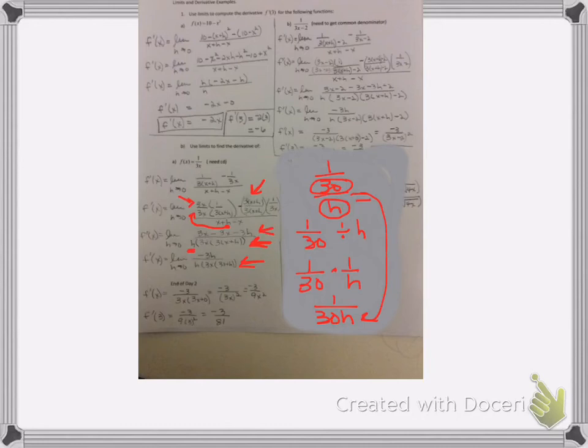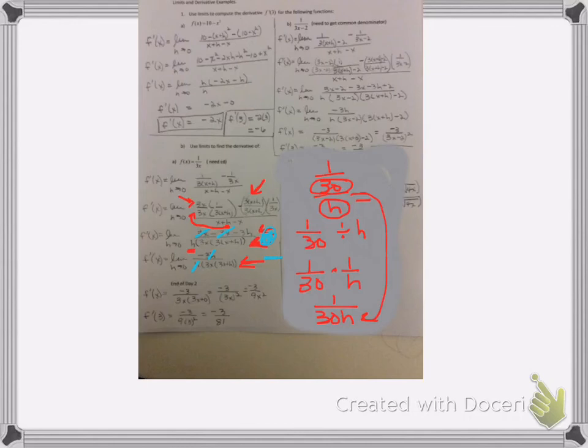Let me change my color so you can see what I'm doing. In this step right here, I'm now going to start canceling some things out. So what can cancel? My 3x can cancel my negative 3x, and that leaves me with negative 3h over h, and then in my next step right down here, these h's can also cancel. So I'm left with negative 3 over 3x times 3x plus h.